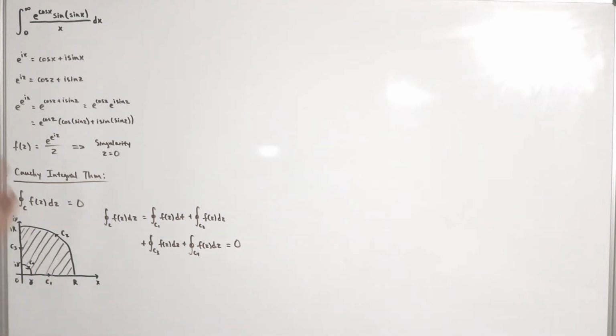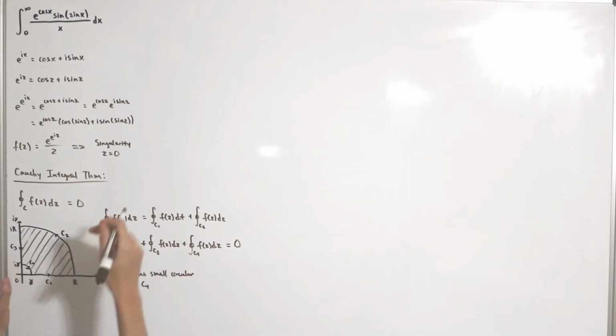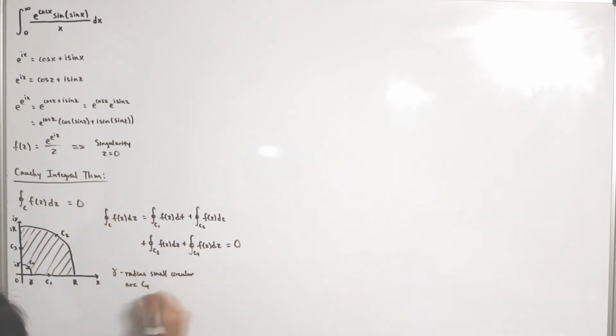First, lowercase gamma is defined as the radius of the smaller circular arc, C4. In other words, gamma is supposed to approach 0.